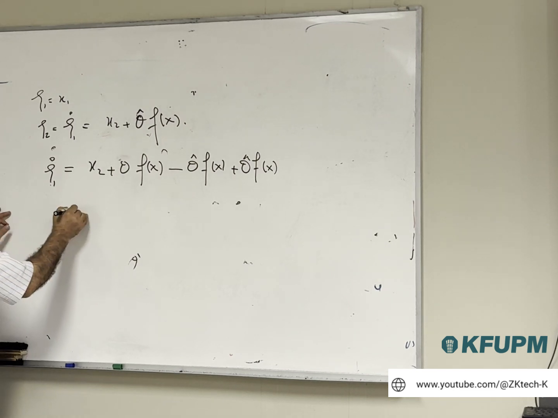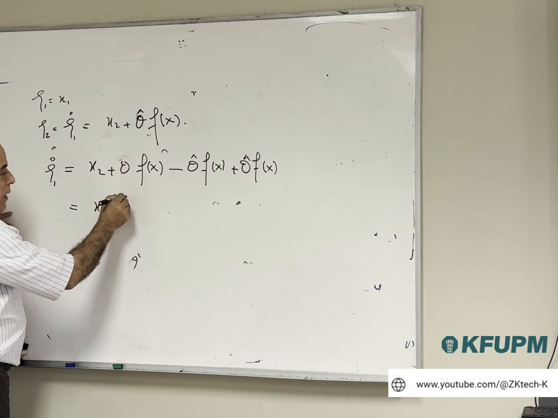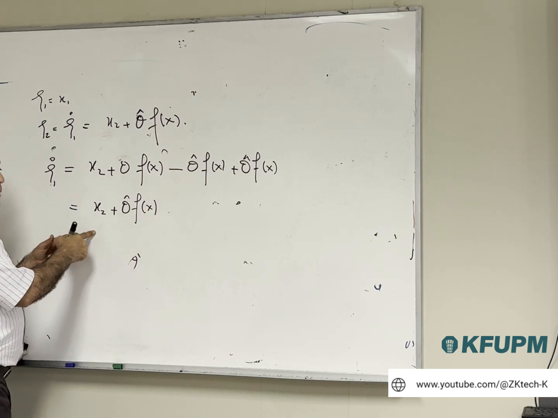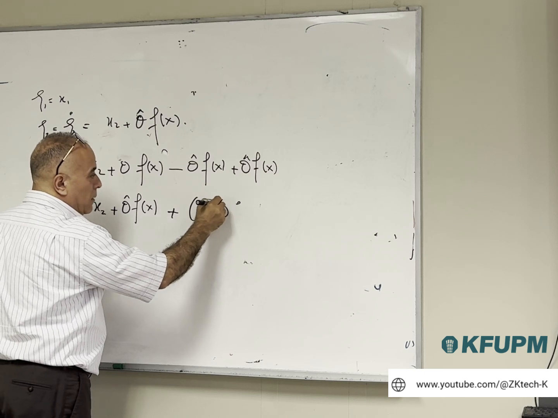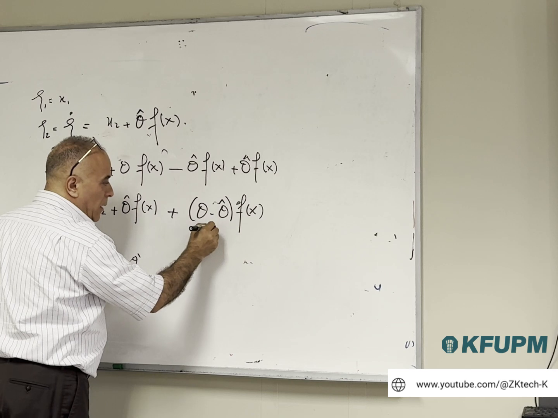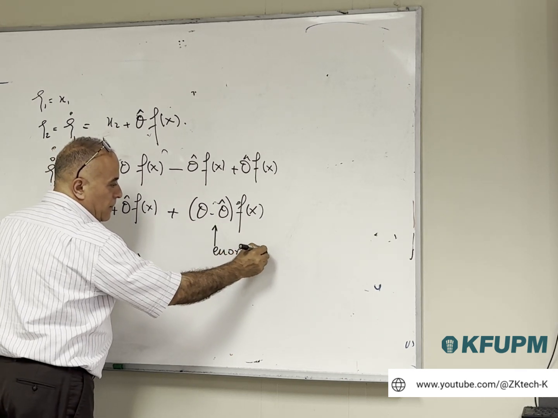So from here I can get x2 plus theta hat f of x, which is zeta 2, plus theta minus theta hat multiplied by f of x, and this is the error in parameters.